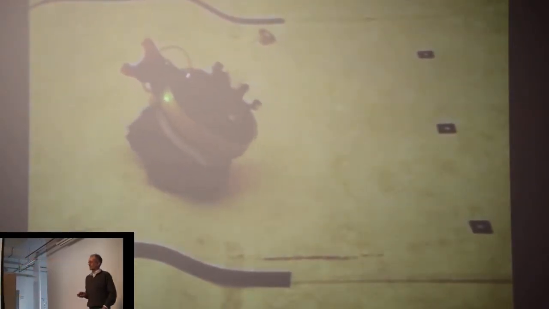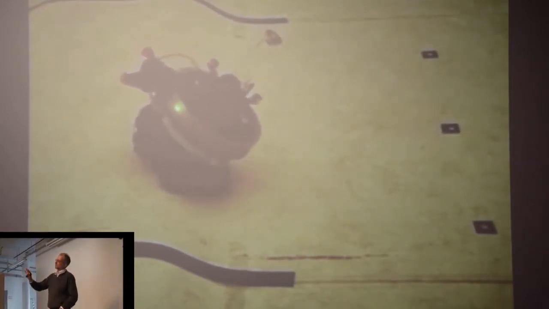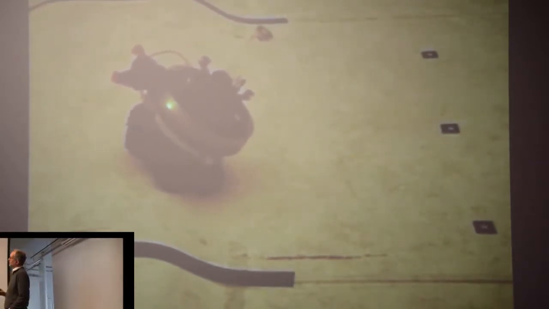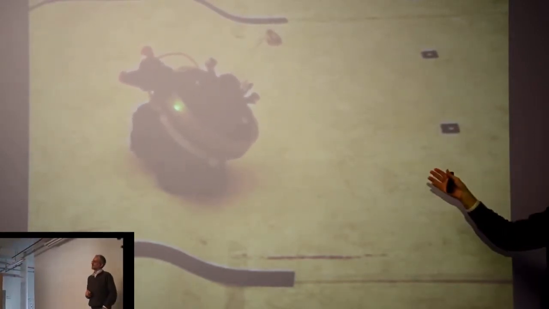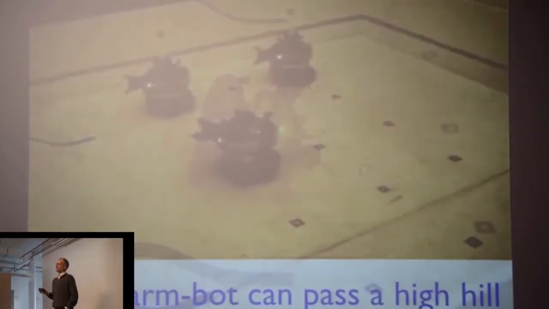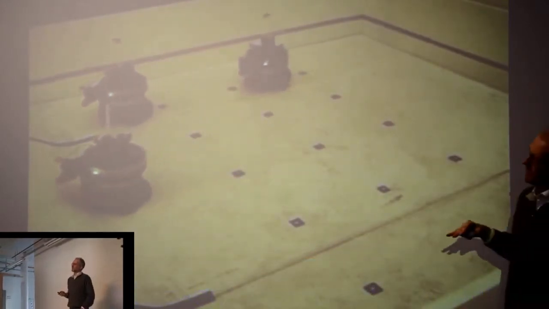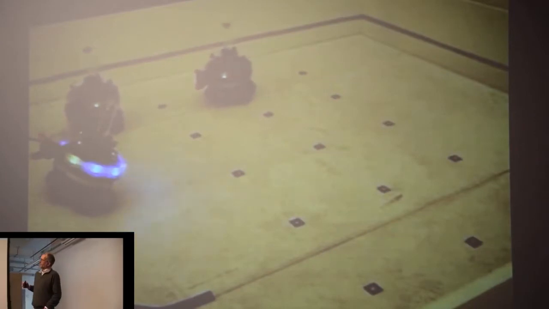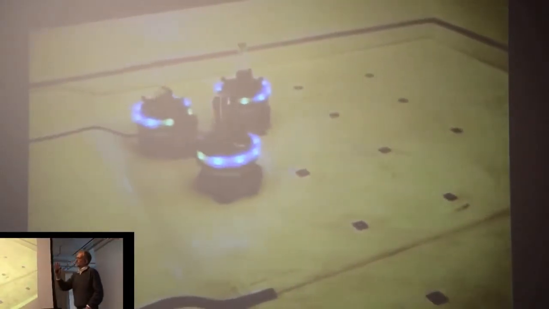But in another situation where the hill is higher, so it's much steeper, the robot does not manage to pass. In fact, you see that they are stupid because it continues to try. Okay?